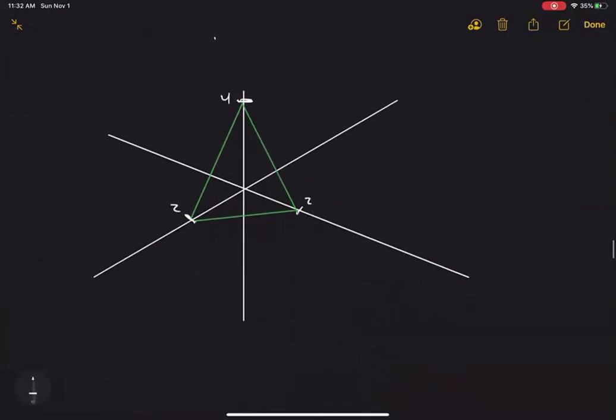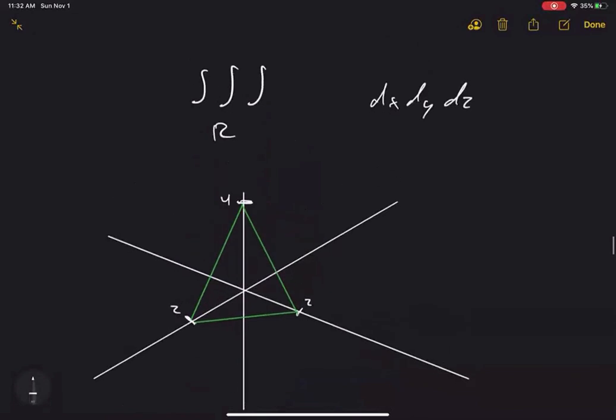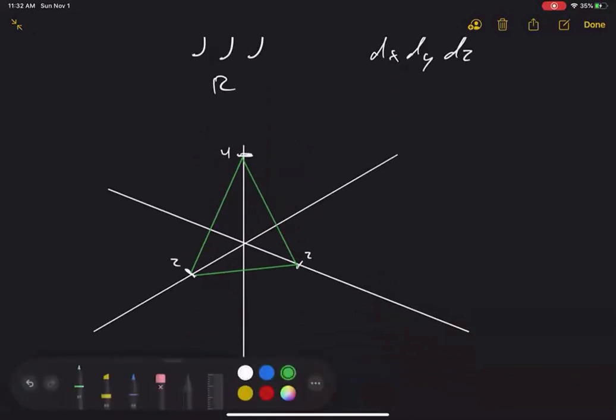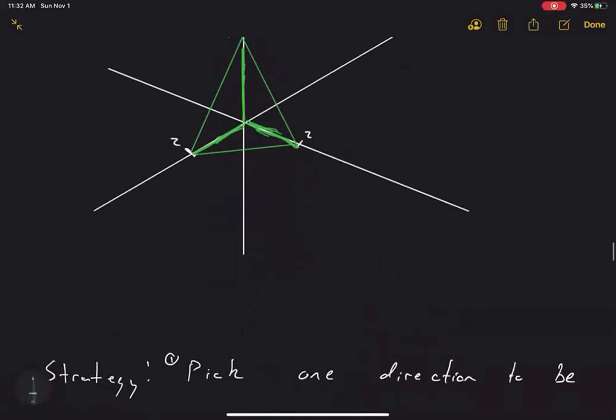That's the green, and we can outline our entire region. The interior of this thing is our region. I want to find the volume of that.